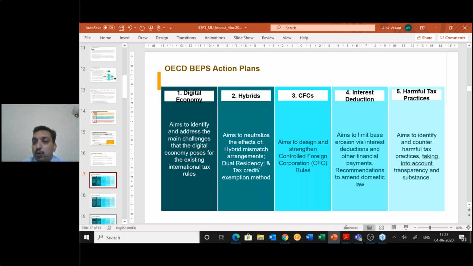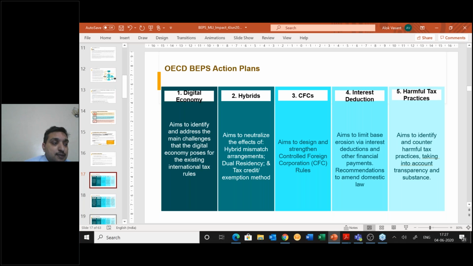India has put a limitation on this by introducing Section 94B, where they have limited the tax deduction on interest payments to 30% of EBITDA, and this is pursuant to this action plan.